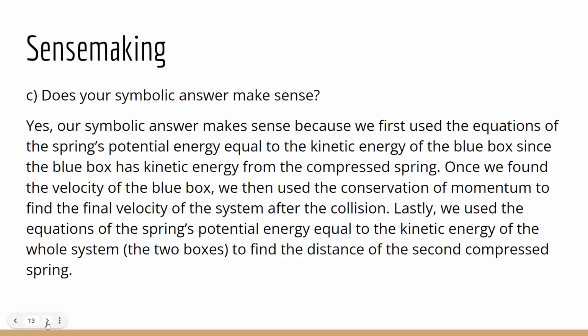Once we found the velocity of the blue box, we then use the conservation of momentum to find the final velocity of the system after the collision. Lastly, we use the equations of the spring's potential energy equal to the kinetic energy of the whole system, which is the 2 boxes, to find the distance of the second compressed spring.